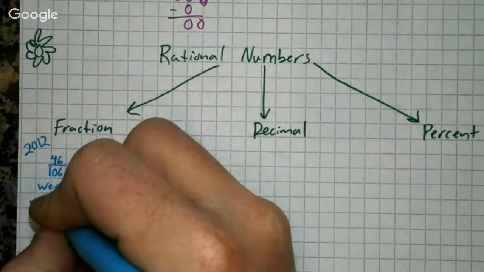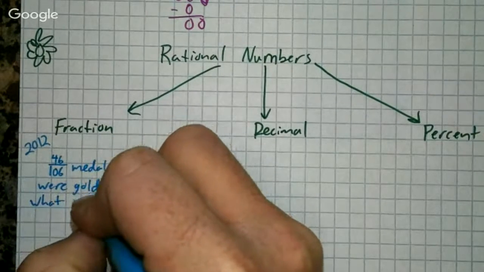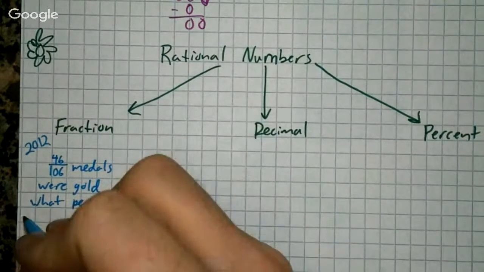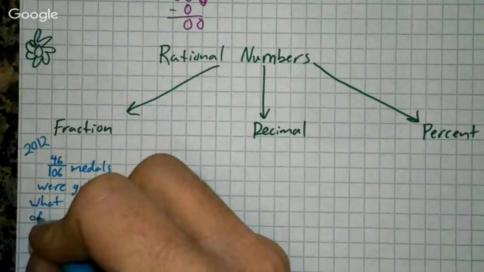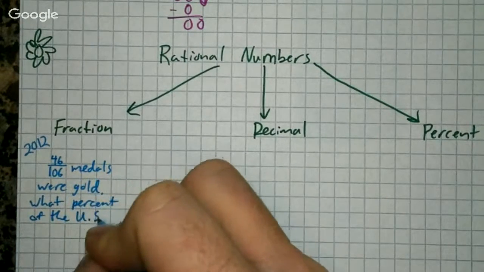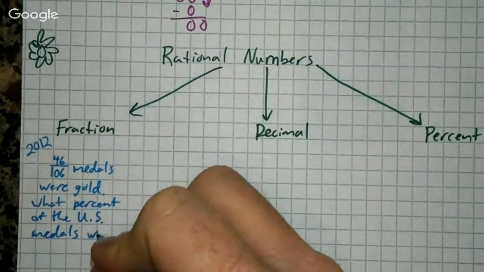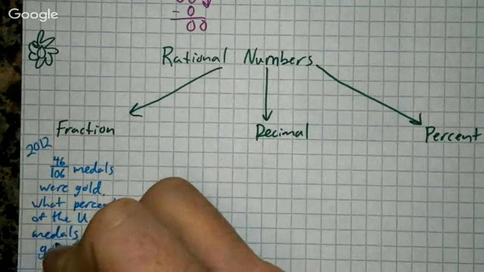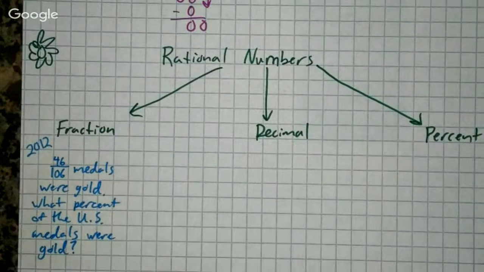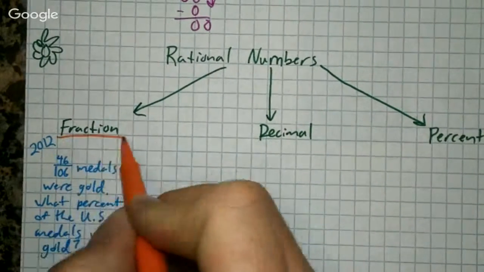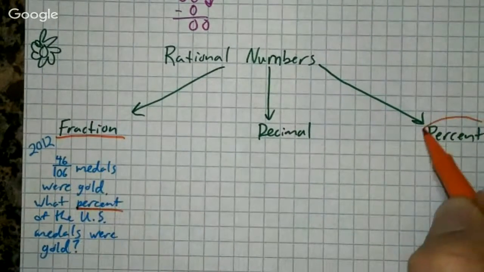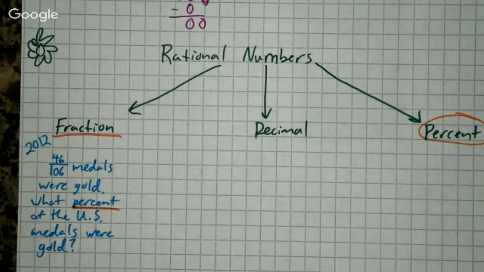What percent of the U.S. medals were gold? What it's asking us to do is take this fraction and make it a percent.